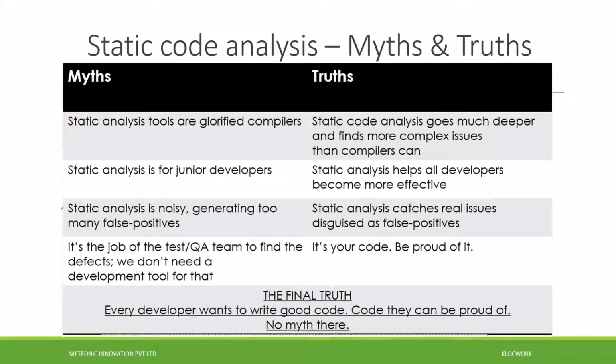People may have that opinion, but the truth is static code analysis tools go much deeper and find more complex issues than a compiler can. For example, a good static code analysis tool will compile your source code and create ASTs in the backend by performing inter-procedural analysis, and it will try to cover 100% code, 100% path, and 100% branch.